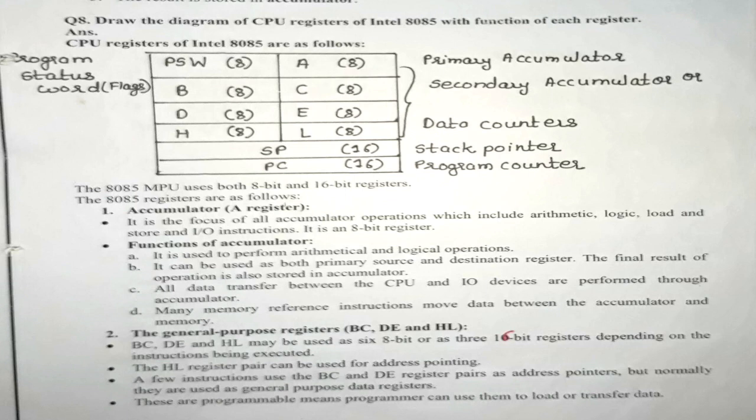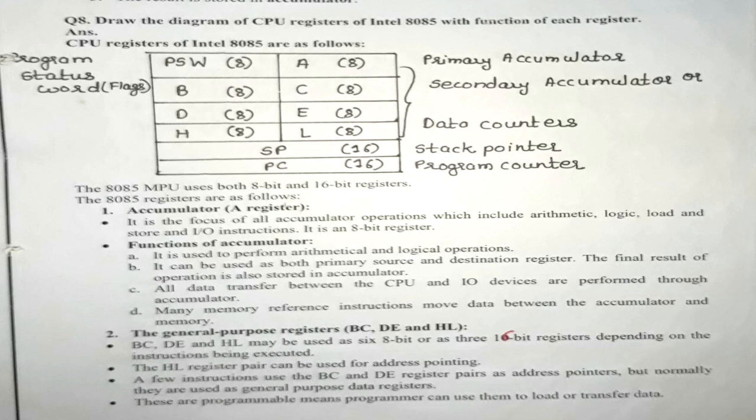Among all the registers, the accumulator is an important one. Considering the pairings, we have the BC pair, DE pair and HL pair. In the pairings, HL is a very important pair because we have many instructions which directly work on HL, like the LHLD instruction and others.